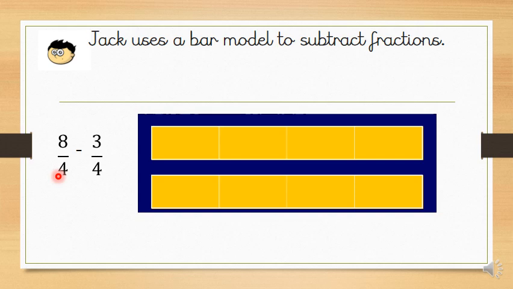So now it's very simply we're doing 8/4, 8 quarters, take away 3 quarters. And you can do this with the diagram, or you can simply do 8 take away 3. Let's get rid of 3 pieces, and you have got 5 quarters, or 1 whole and 1/4.